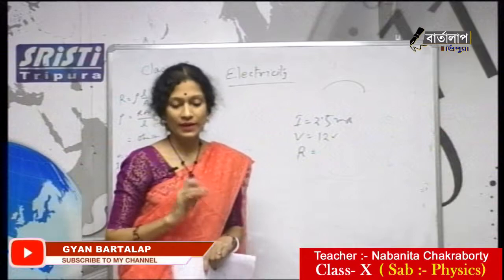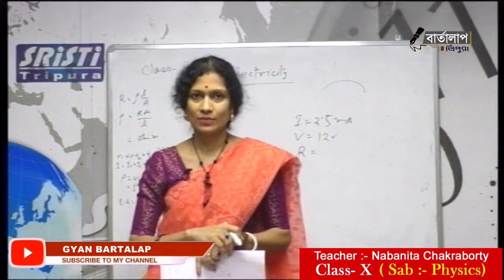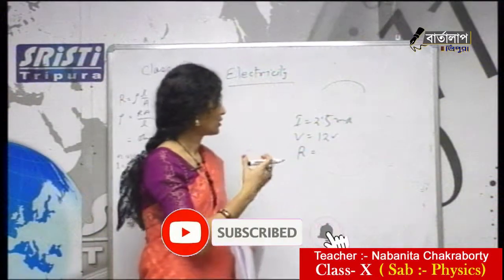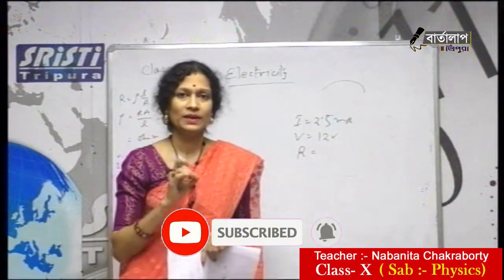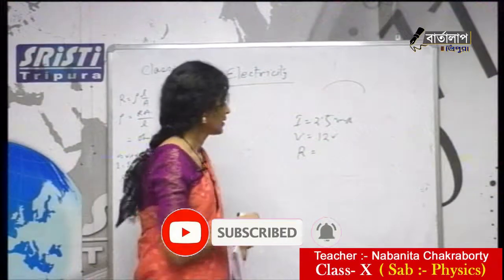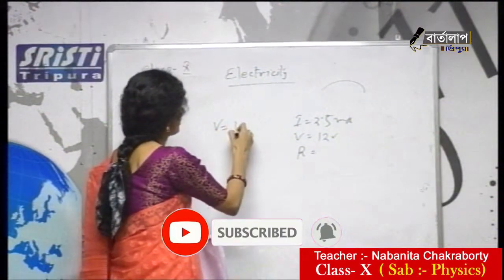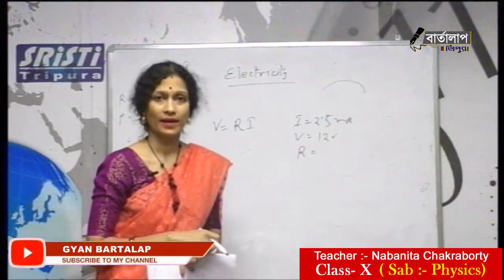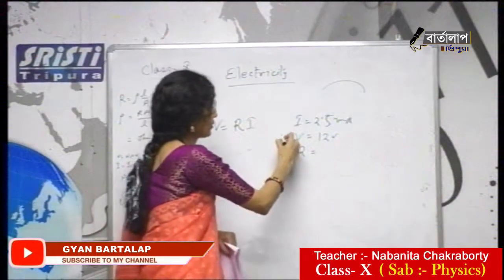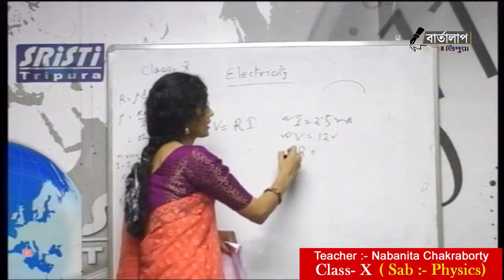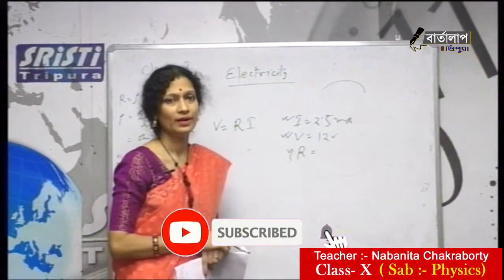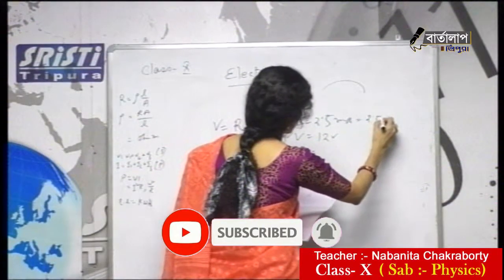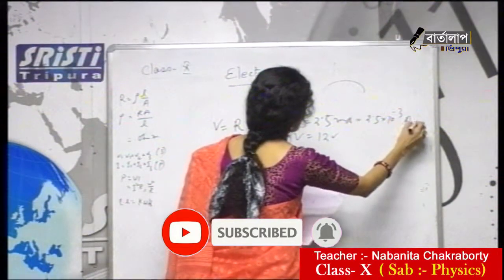Whenever we do a numerical example, at first we want to know on which formula it can be solved. Ohm's law. What have we learned from Ohm's law? V equals RI. So here you have V, you have I, and you have to find the value of R. 2.5 milliampere, that means you can write 2.5 into 10 to the power minus 3 ampere.